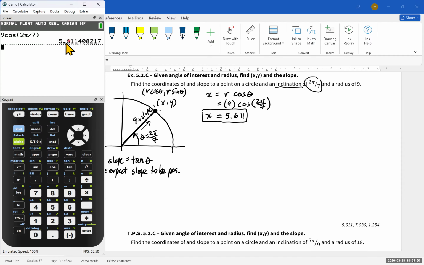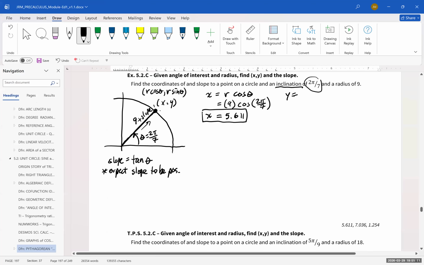I'm going to store this in variable x in the calculator because this represents our x value. If I hit this store button, I want to put it in letter X. You see how letter X is green? I can hit the green alpha button and put the letter X, and as soon as I hit enter, it's taken that value and put it in there as X. We'll call on that here in a minute.